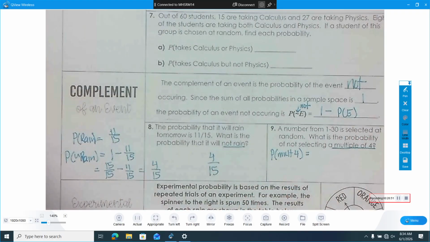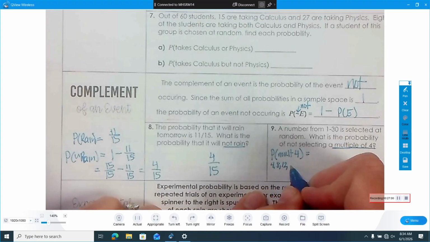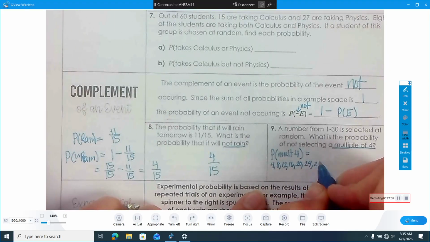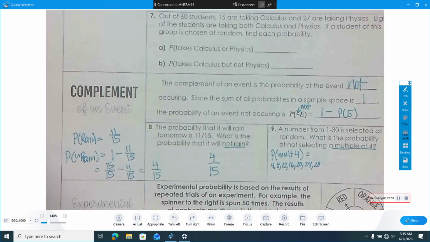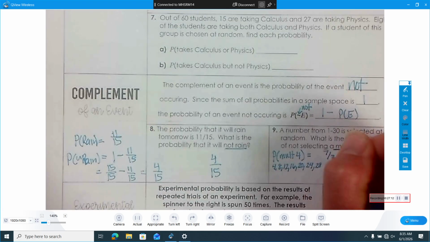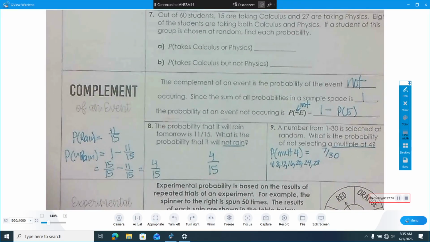First of all, in the numbers 1 through 30, what are all the multiples of 4? 4, 8, 12, 16, 20, 24, and 28. 1, 2, 3, 4, 5, 6, 7. So there are 7 winners. 7 out of 30 is the probability of getting a multiple of 4.